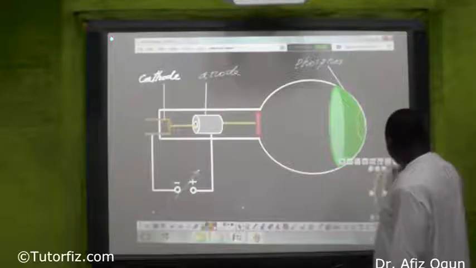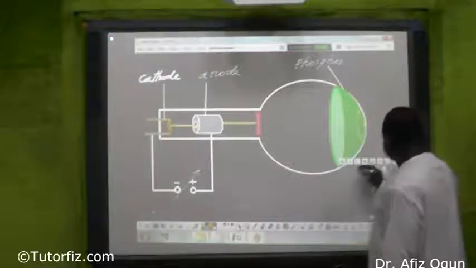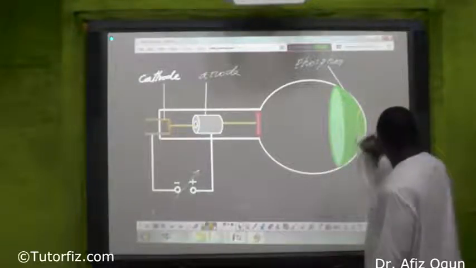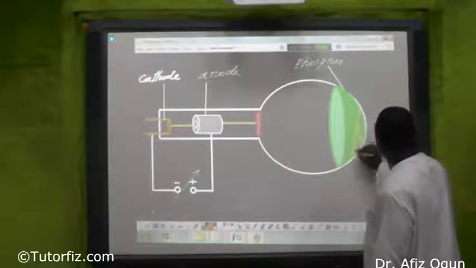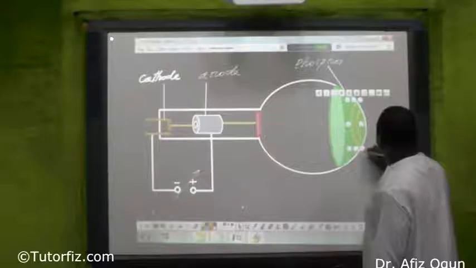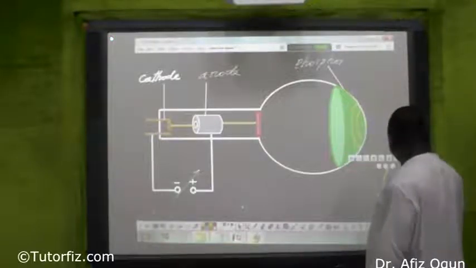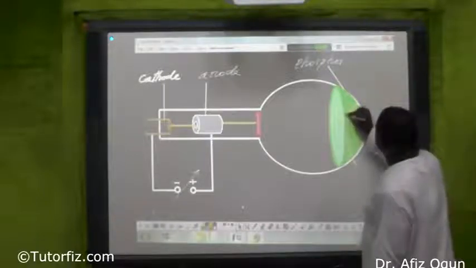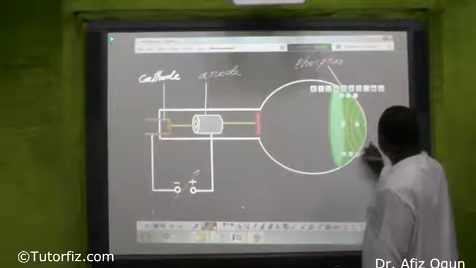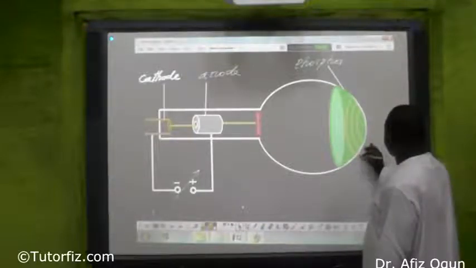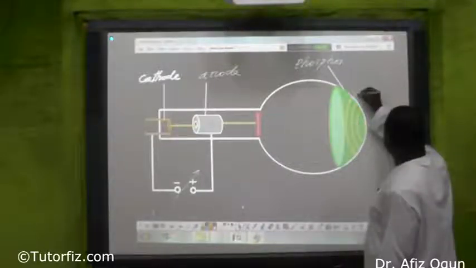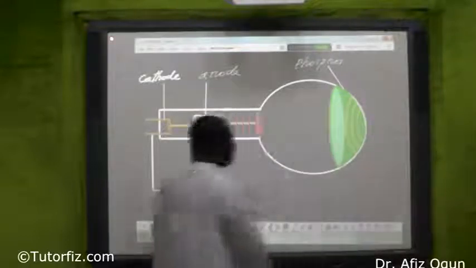Then we now have circular rings at the end of our tube. We have circular rings like that.